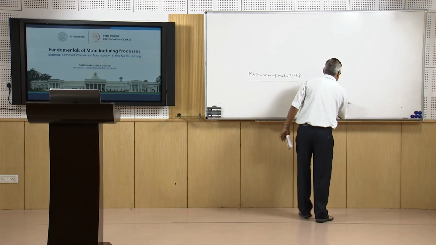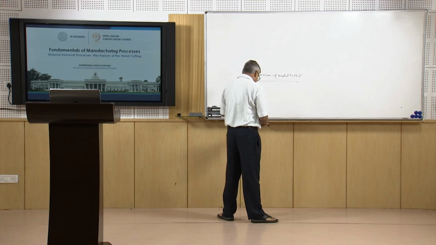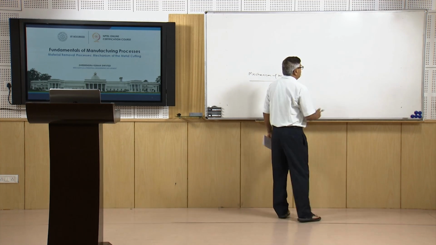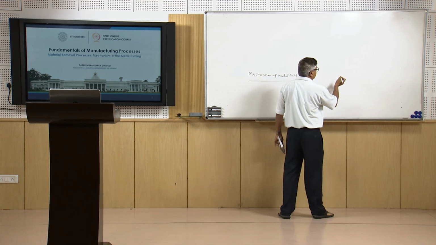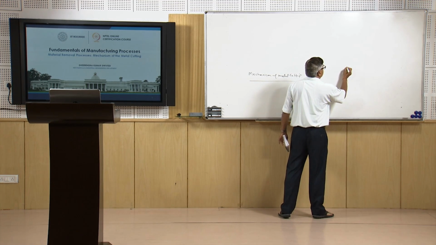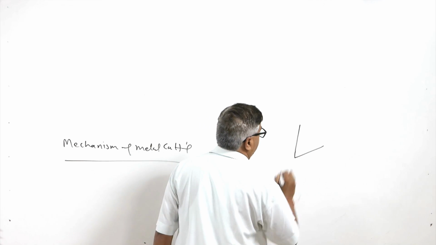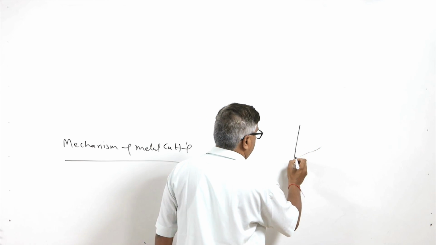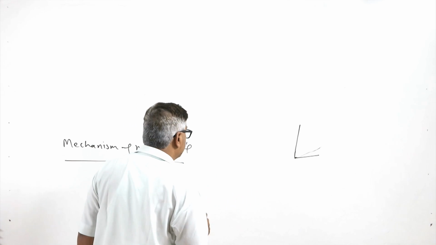Now we will see how the metal is removed during machining, and how it helps to get the desired size and shape. If we see here, this is the tool and this is the clearance. It is better to understand the tool first before getting into the mechanism.